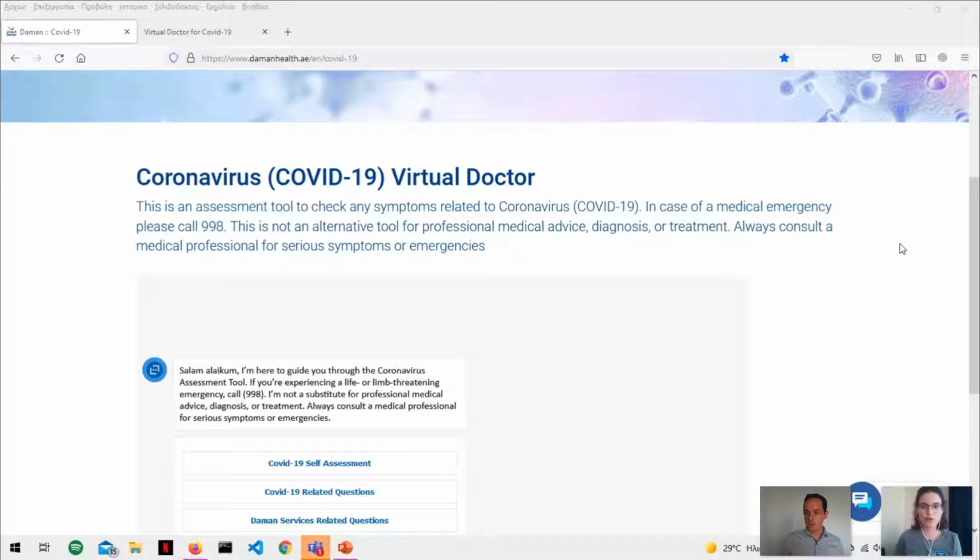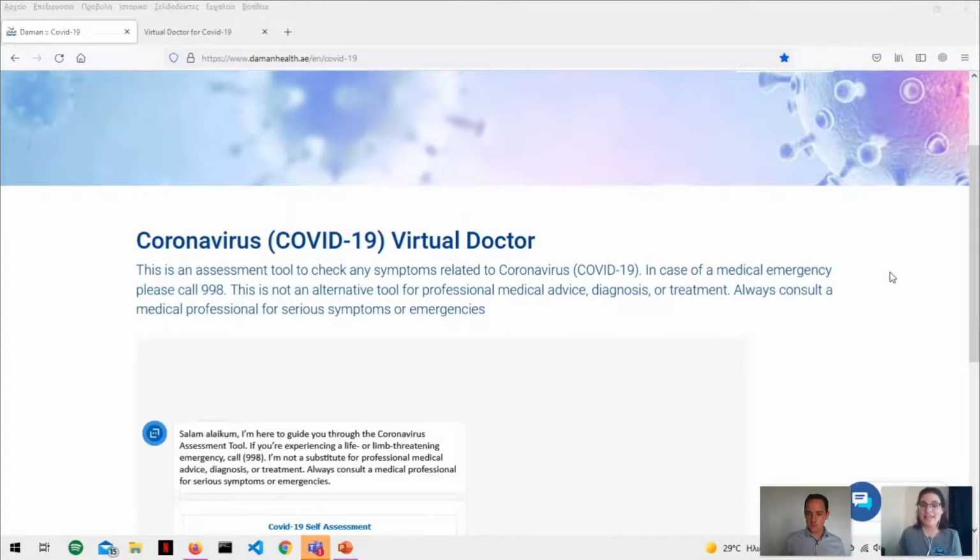Also, very important, it is stated here that the bot is only an alternative tool for professional medical advice, diagnosis, or treatment. And if you have serious symptoms or emergencies, you should consult a medical professional.